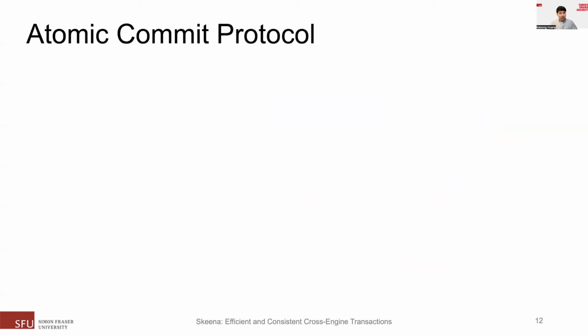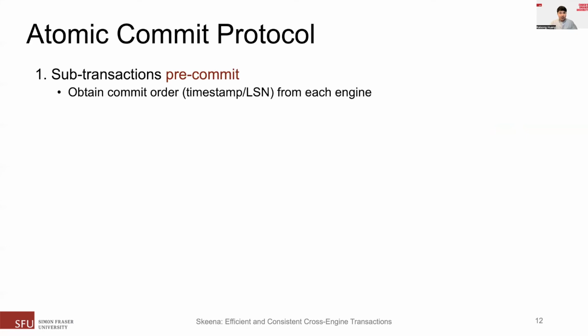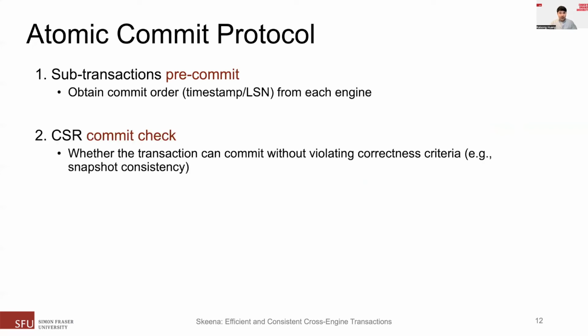The other important component of Skeena is the atomic commit protocol, because we want our cross-engine transactions to commit either all or none of its sub-transactions. Firstly, sub-transactions pre-commit and obtain their commit order from each engine. Then CSR does the commit check to see whether the transactions can commit without violating correctness criteria, for example, snapshot consistency.